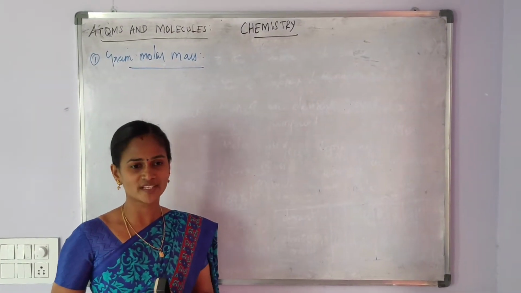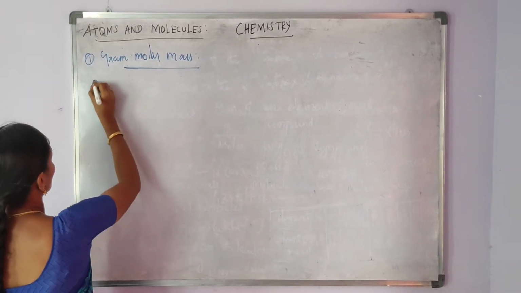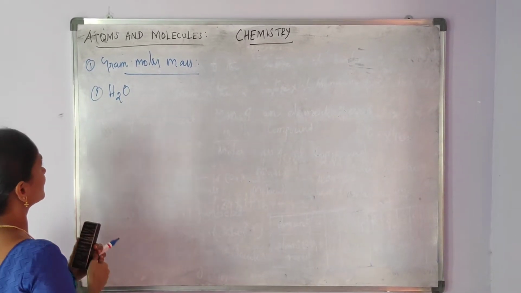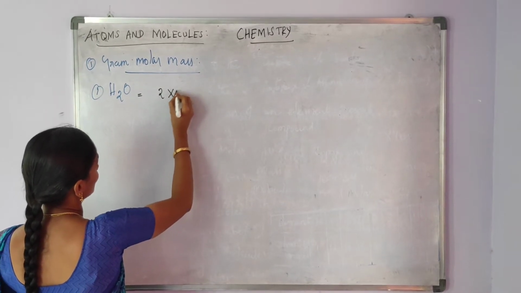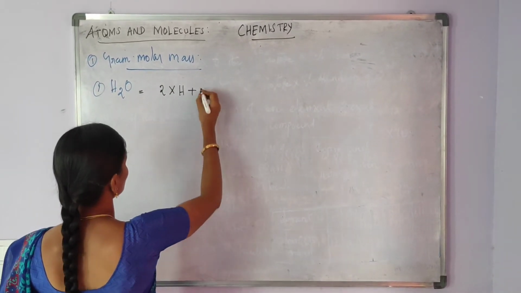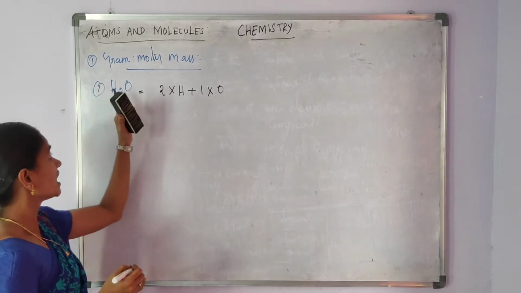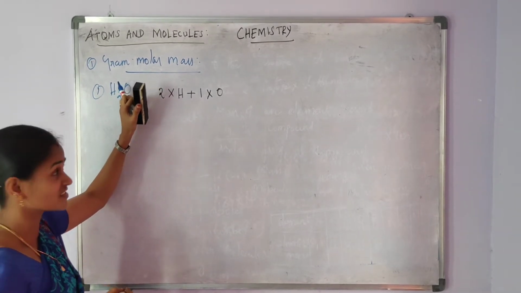Now the first one is calculating the gram molar mass of the water, H2O. Water contains 2 hydrogen atoms and 1 oxygen atom. We know the atomic mass of hydrogen is 1 and oxygen is 16.